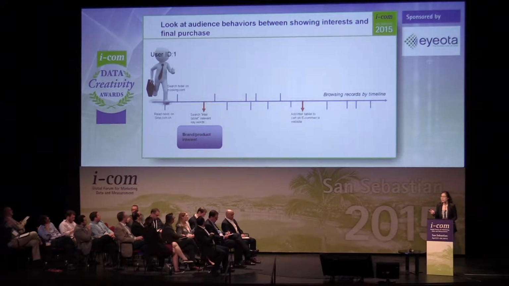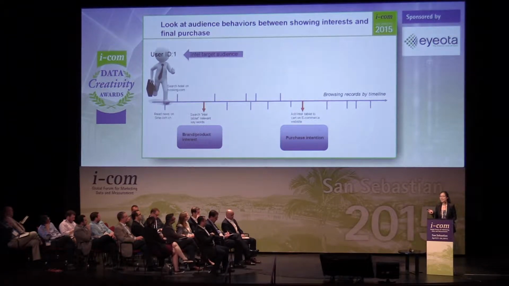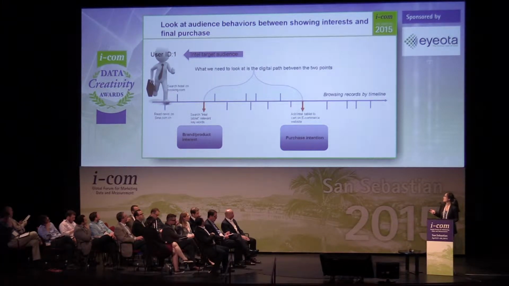And after many behaviors, he added Intel tablet to cart on an e-commerce website. So the 2 key actions, one stands for his product interest, the other stands for his purchase intention. So we can identify audience with these 2 actions as our target audience. And the digital path between the 2 points is what we really need to look at.